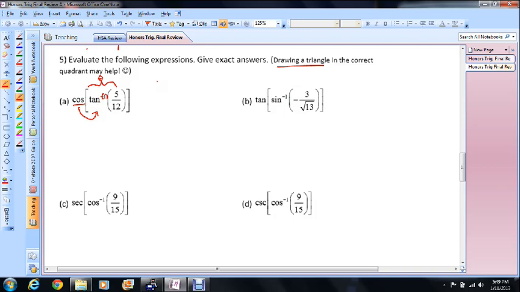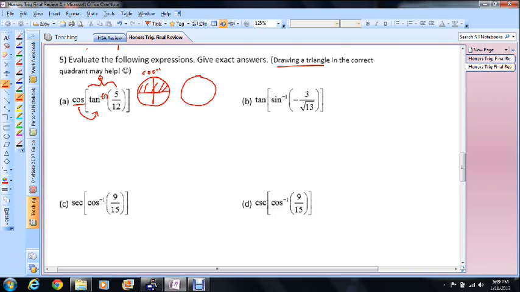But before I draw any type of triangles, let me go ahead and remind everybody of where these functions exist. So for instance, the inverse cosine only exists in the first two quadrants.